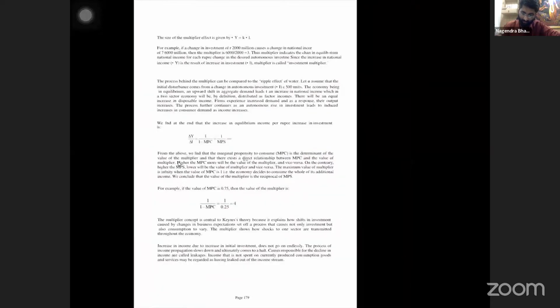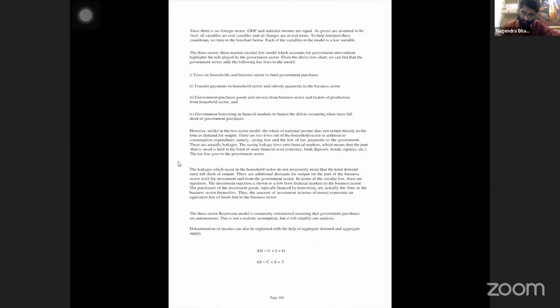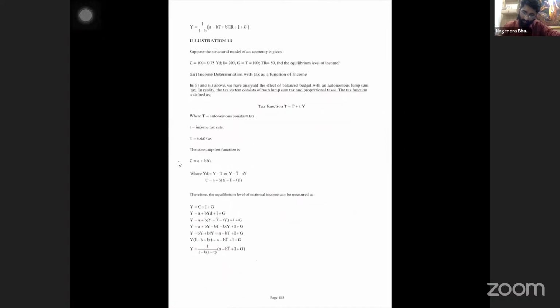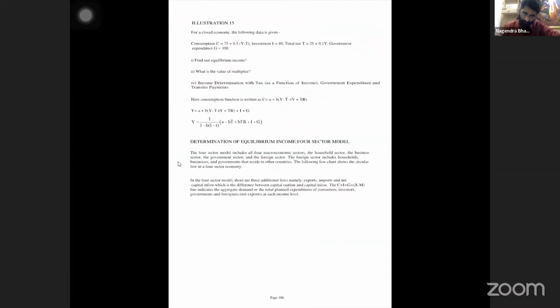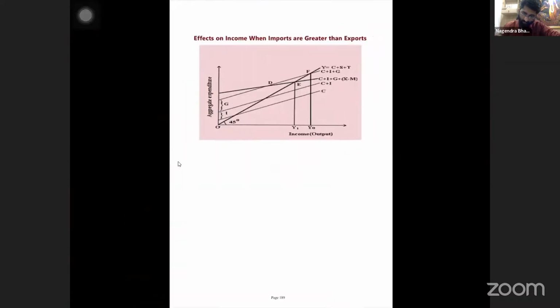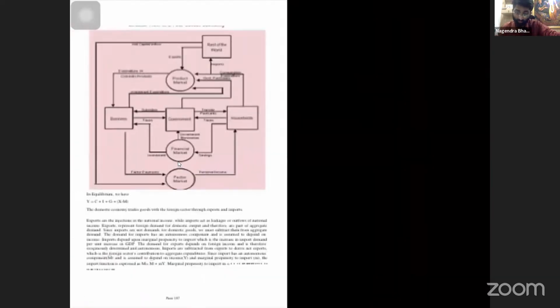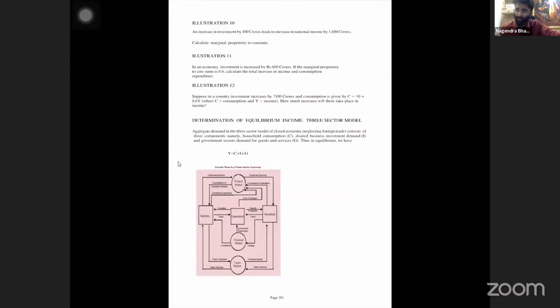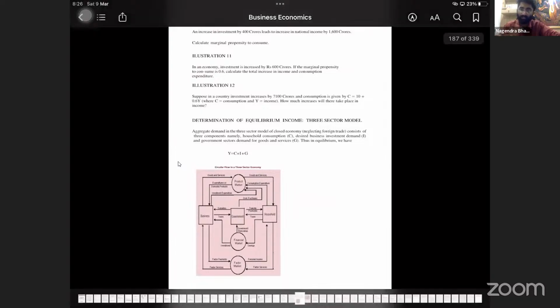If possible, we will finish this unit in the morning session. In the evening session, we will start with the next chapter. Don't worry. It looks very complicated, but it is not. It is actually easy.